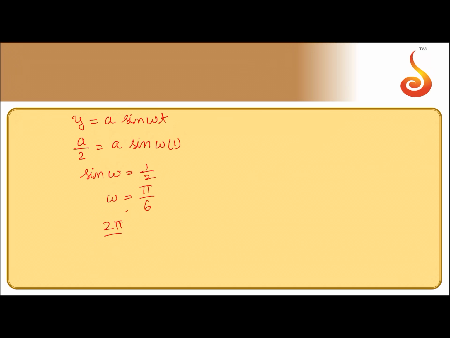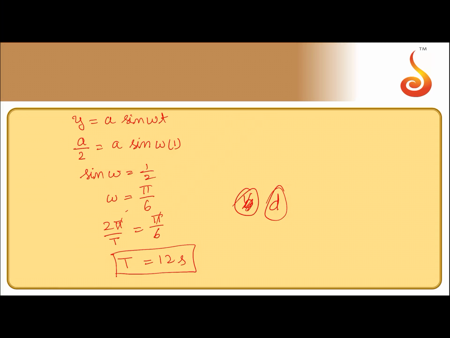So omega is 2 pi by T, that is equal to pi by 6. We need to find T. So pi gets cancelled. You get T is equal to 12 seconds. So that is option B. Not B, it should be D. B is 6 seconds, so it should be option D.